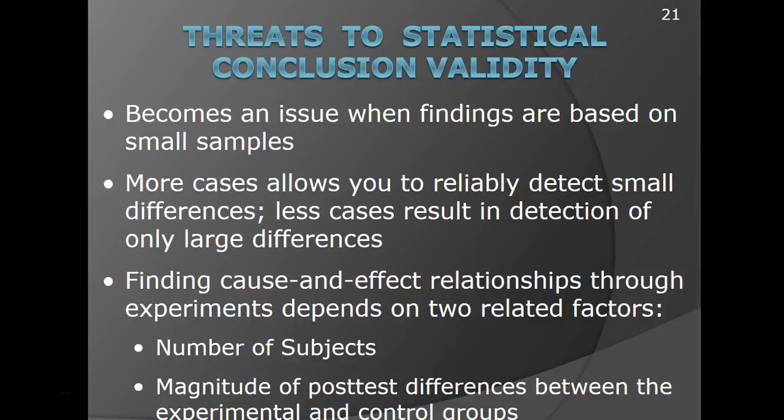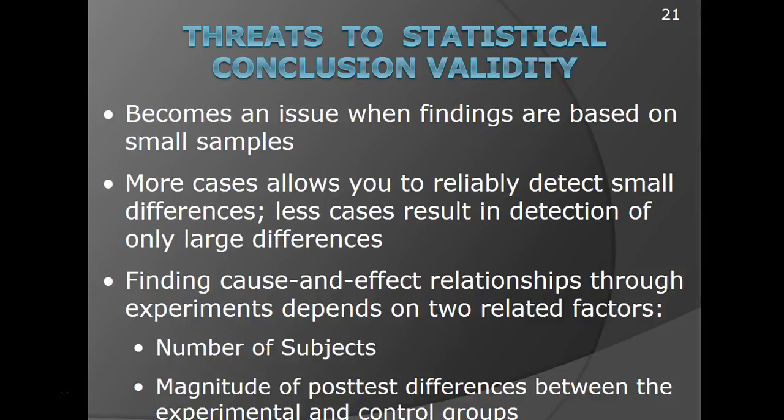So when we look at the threats to this, there's a number that we need to just go over. It is an issue when they are based on small samples. Remember, the larger sample we have, 100, is great. The less threat to this statistical validity, because the more cases that you have, they allow you to detect smaller differences, and the fewer cases result in a detection of larger differences.